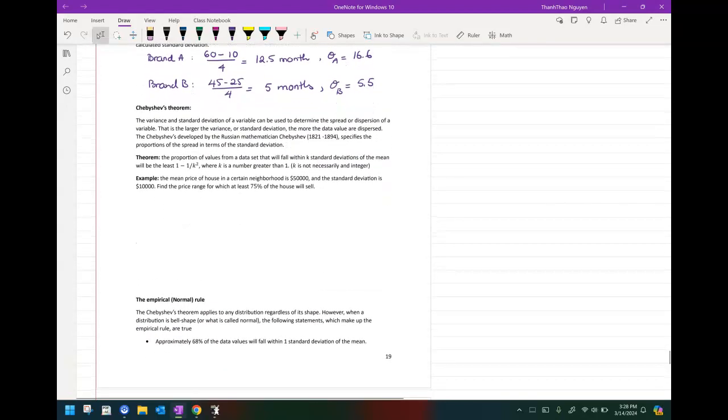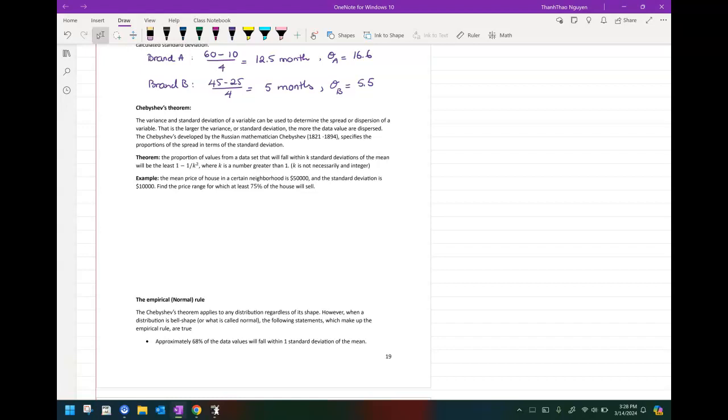Okay. The Chebyshev theorem. The variance and standard deviation can be used to determine the spread or dispersion of a variable. That is, the larger the variance or standard deviation, the more the data values are dispersed. The Chebyshev theorem, developed by the Russian mathematician Chebyshev, specifies the proportion of the spread in terms of the standard deviation.